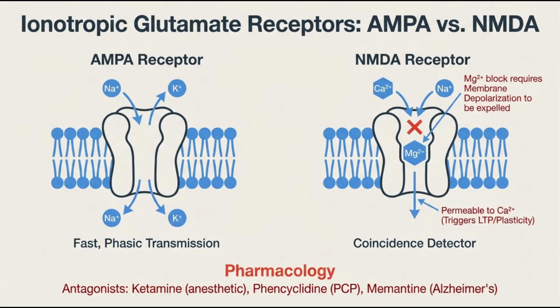It pops it out of the channel like a cork from a champagne bottle. So the cell has to be listening, meaning it's depolarized, and receiving, meaning glutamate is binding at the very same time. That is it. It detects the temporal association between two events. It's a Hebbian learning rule built into a single molecule. And when it does open, what's different about it?